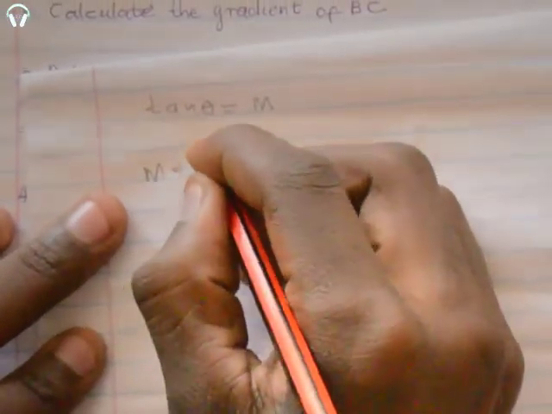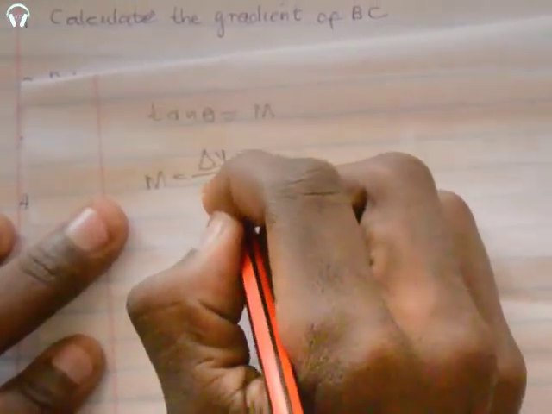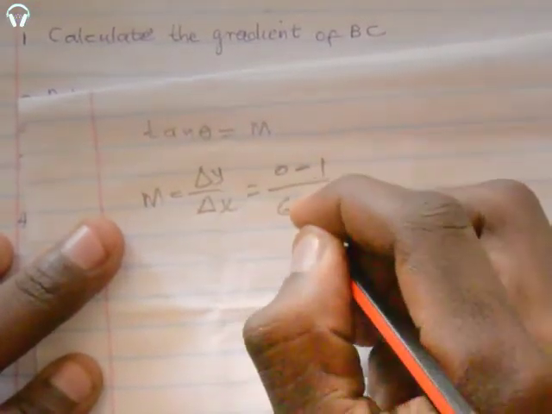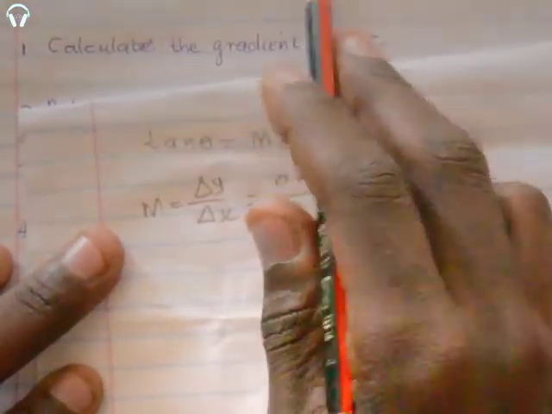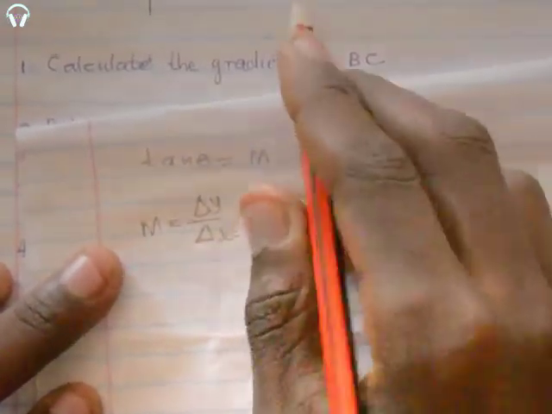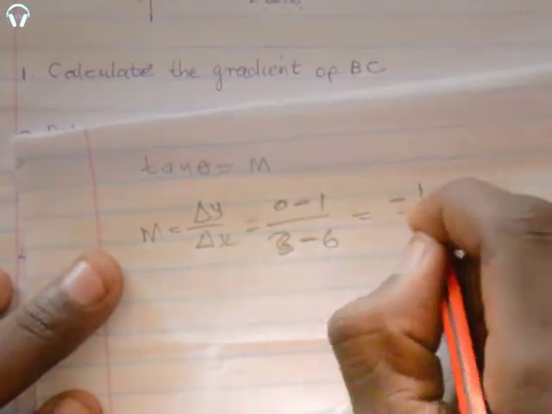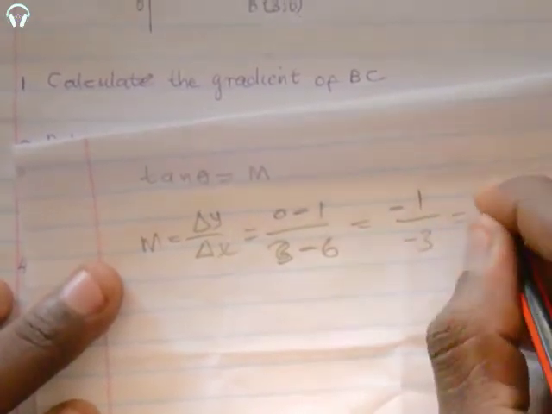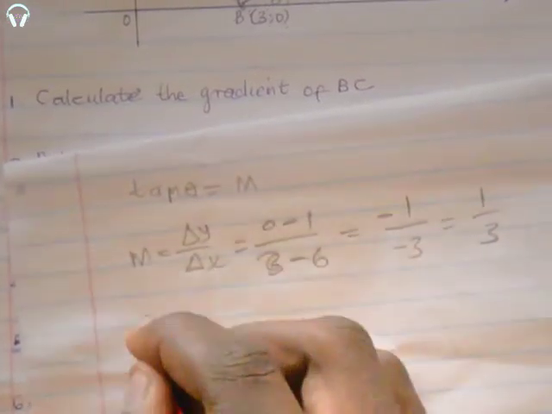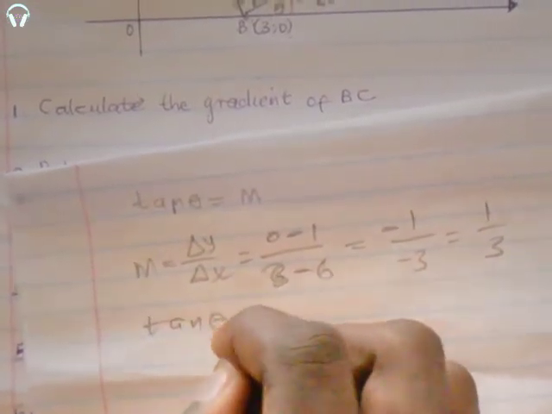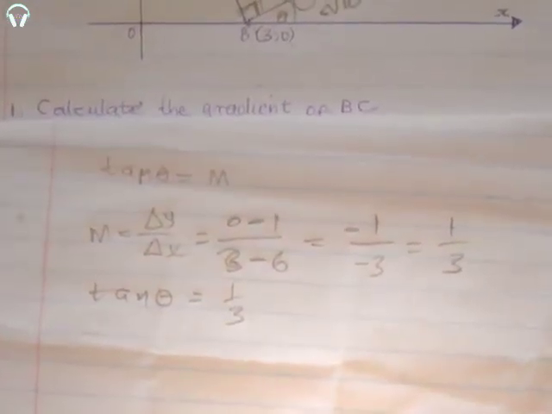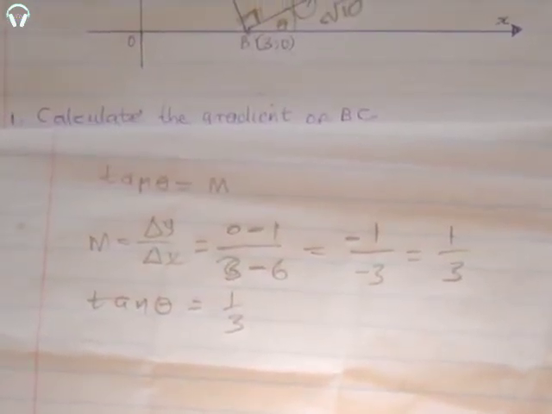So firstly, the gradient, the change in y over the change in x, which is 0 minus 1 over 6, 0 minus 1, or 3 minus 6, which is negative 1 over negative 3, which is 1 over 3. So from here, you equate your gradient to tan theta and find the inverse of that gradient.